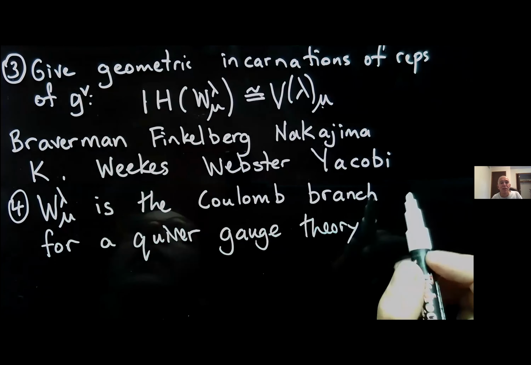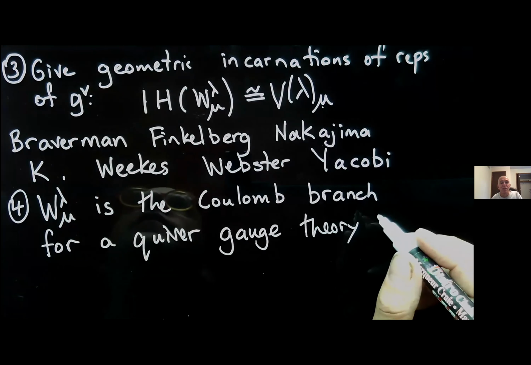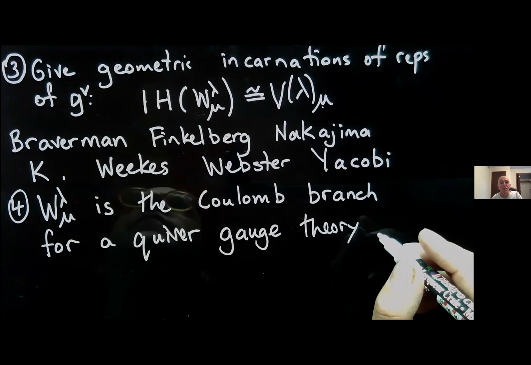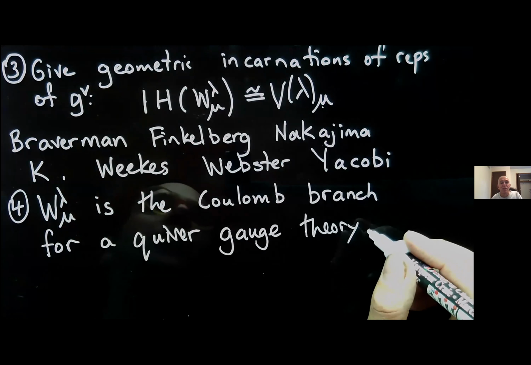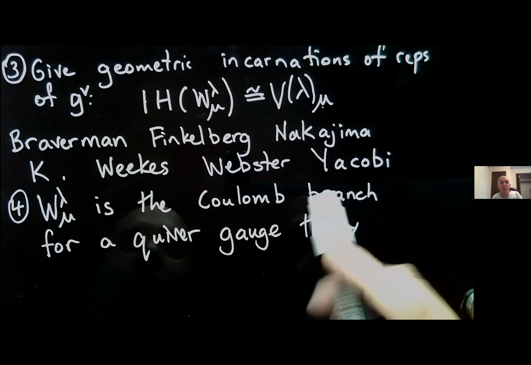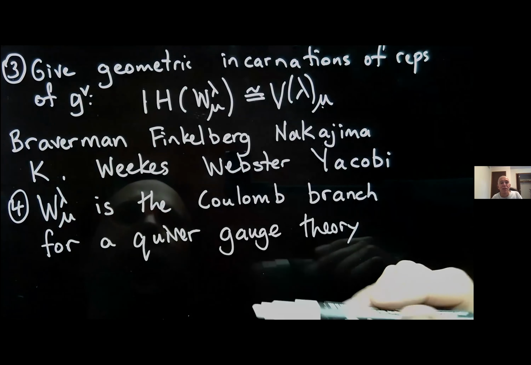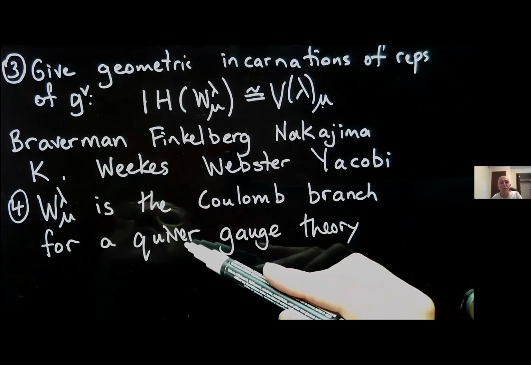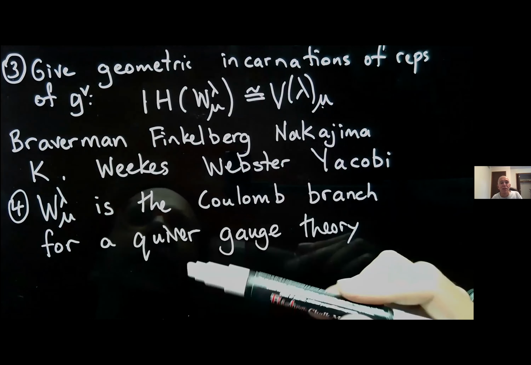Again, your G so far was general. What kind of quiver do you mean? G was any semisimple group. This resulting quiver will be the quiver related to the Dynkin diagram of that group.